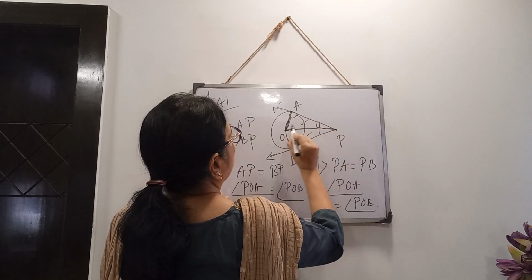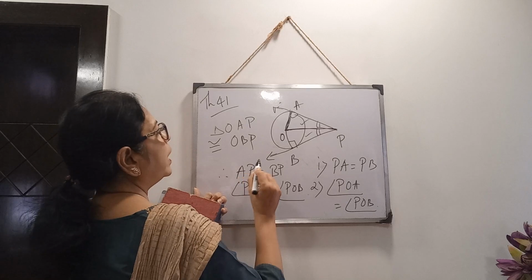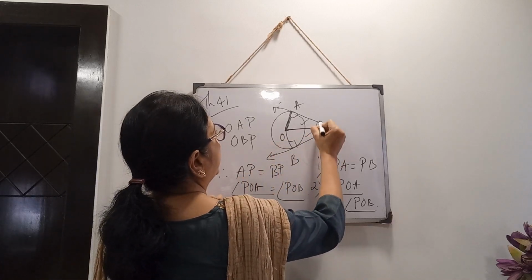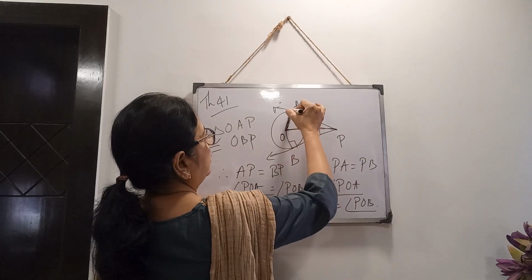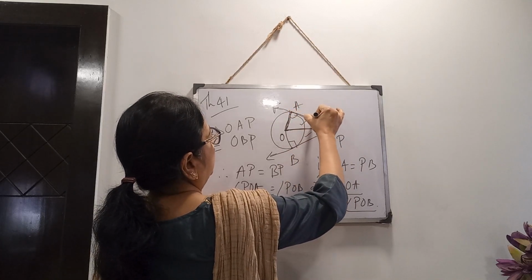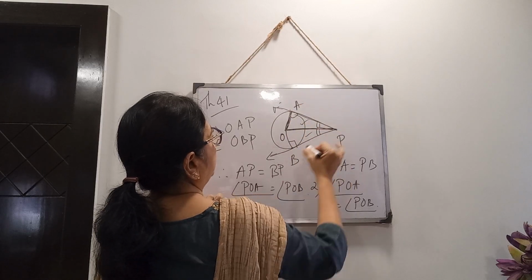Angle APO and angle BPO will be equal. That means OP bisects angle APB. This will not come in the exam, but you have to know that OP bisects the angle APB.